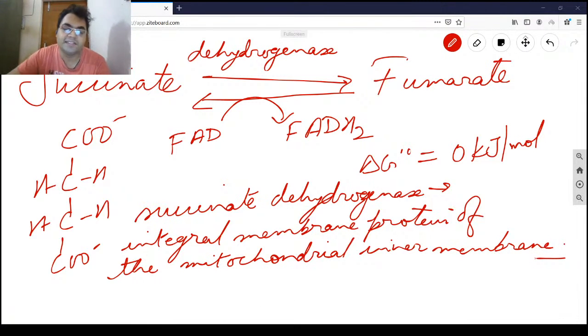Very important this is. So what happens is, in bacteria it is present as an integral membrane protein on the plasma membrane, but in eukaryotes it is present as the integral membrane protein of the mitochondrial inner membrane.